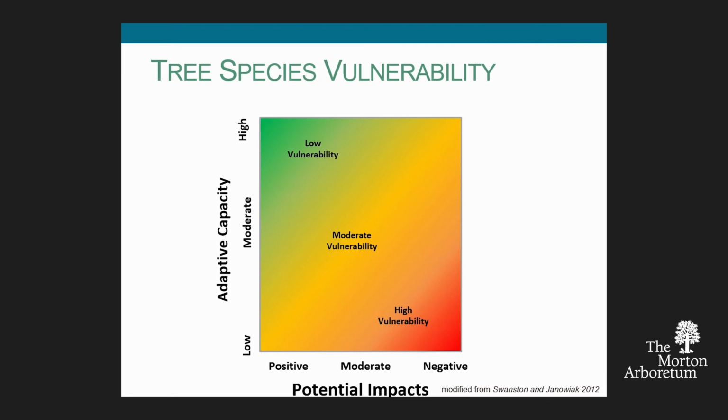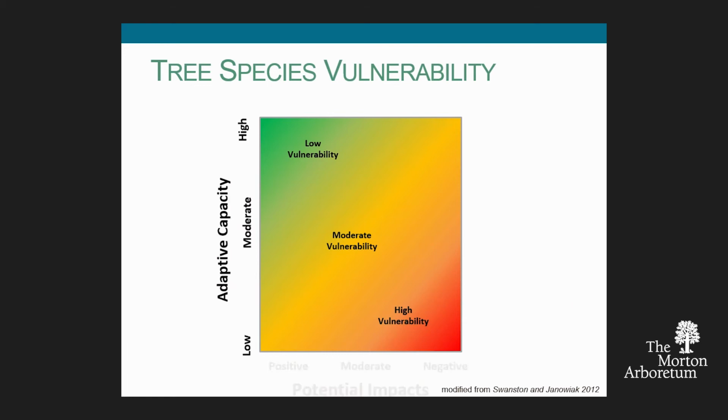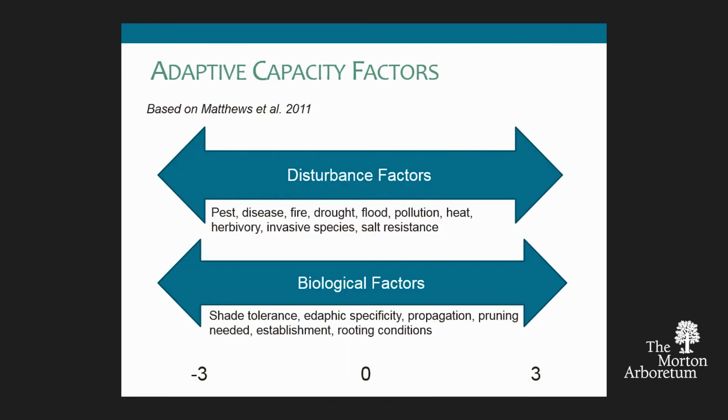So with tree species vulnerability, we're still thinking about that same framework of impacts and adaptive capacity. Now with potential impacts, we can assess tree species diversity using models or looking at changes in hardiness or heat zones, and some of the upcoming presentations will address that. What I'd like to spend some time talking about right now is the adaptive capacity of these ecosystems, or these trees.